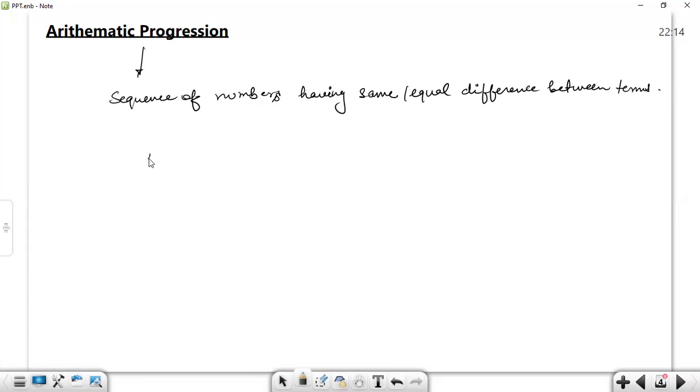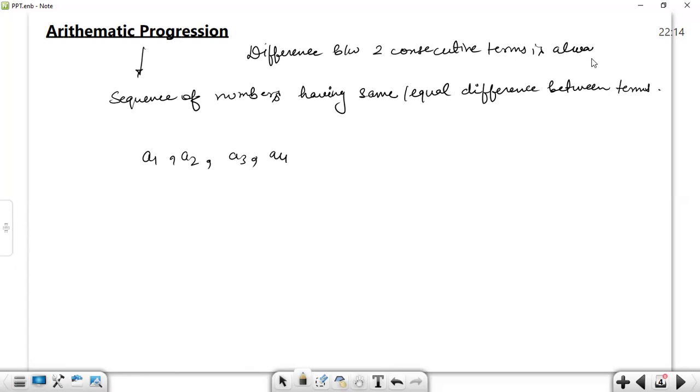It means if the sequence is A1, A2, A3, A4, the difference between two consecutive terms is always the same.